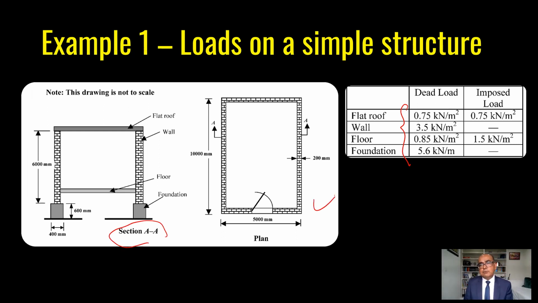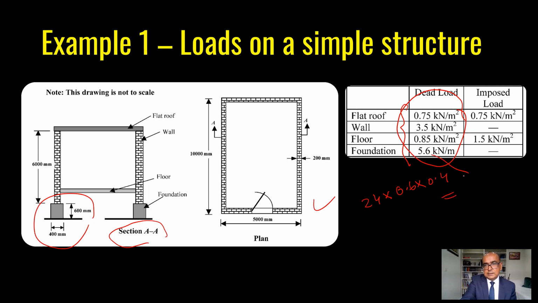I would assume that for the foundation, they would have used concrete. For floors, they would have used timber. And for the wall, it's brickwork. If you multiply the density of these elements, you will get these dead loads. So for example, the foundation would probably be concrete, so 24 kilonewton per meter cube times the area of the concrete, which is 0.6 times 0.4.